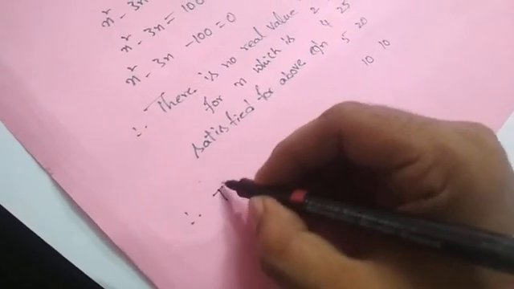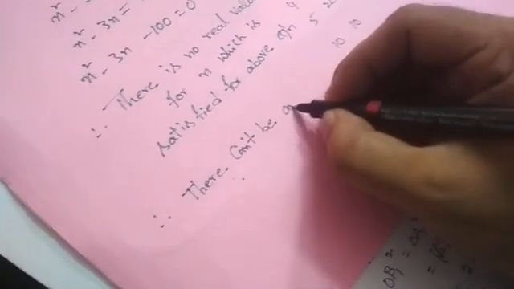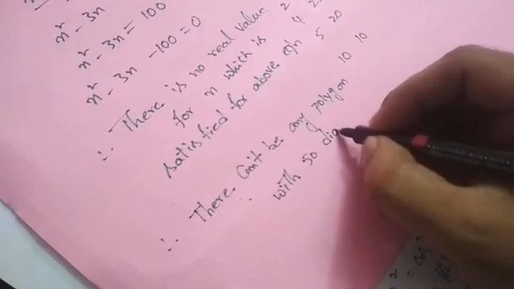Therefore there cannot be any polygon with 50 diagonals.